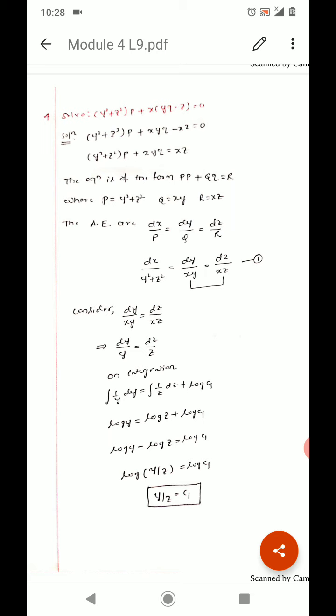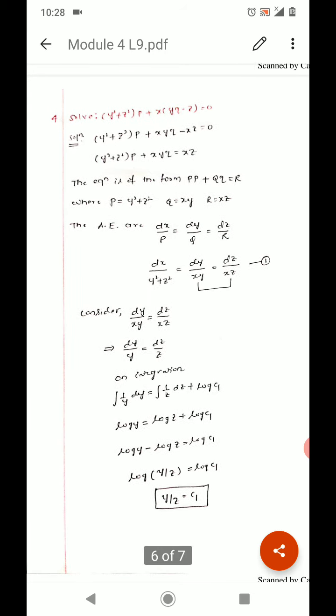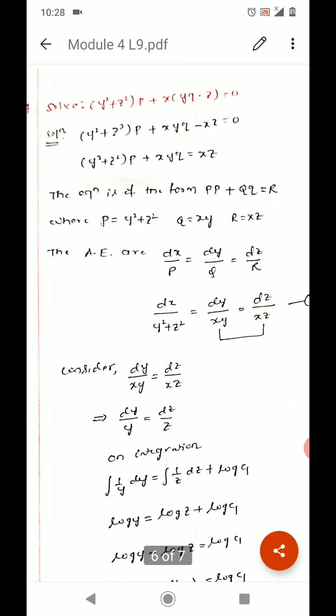Next we have the problem (y square plus z square) p plus xy q minus xz equal to 0. So by simplifying we get (y square plus z square) p plus xy q equal to xz, taking minus xz to the right side.